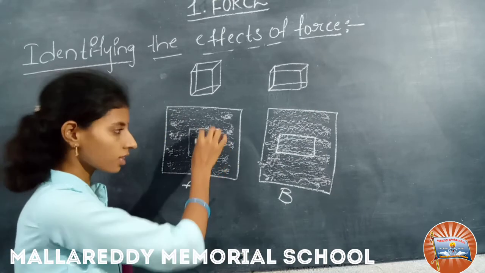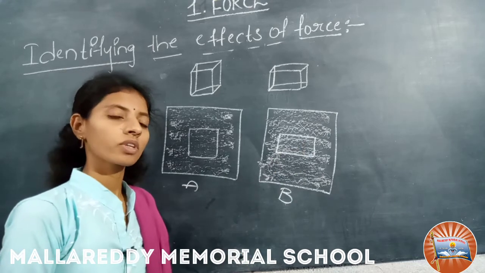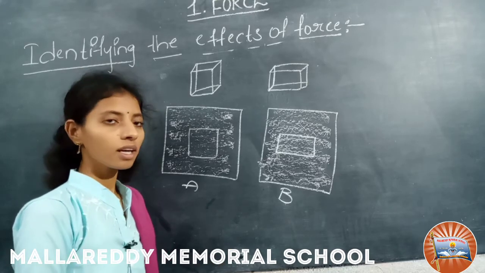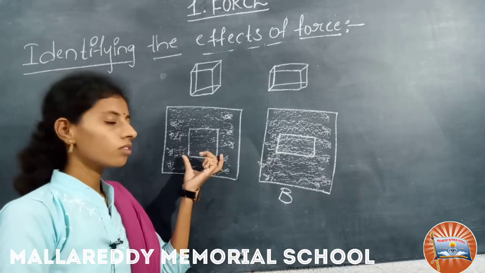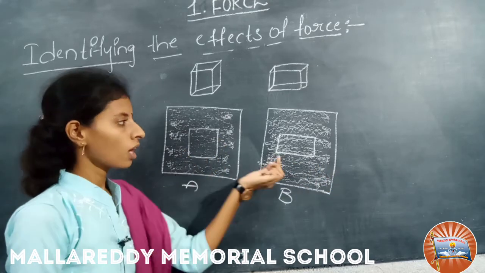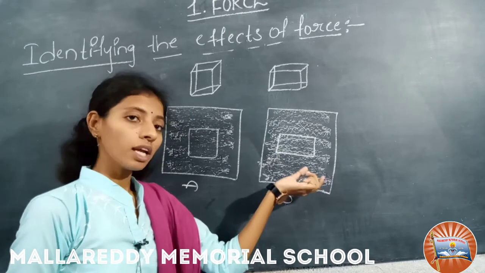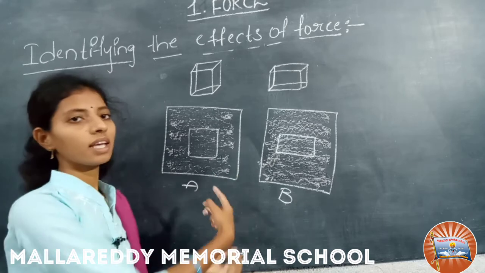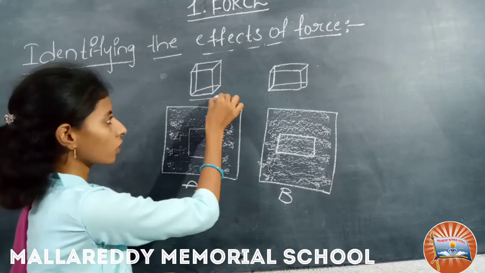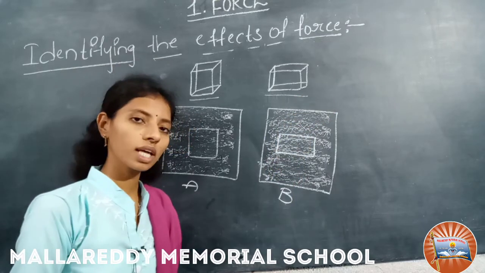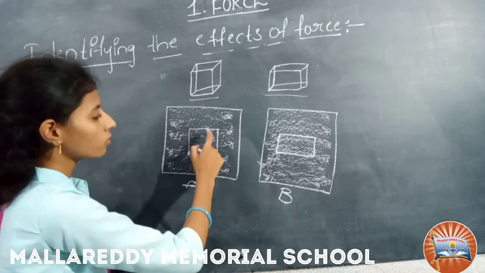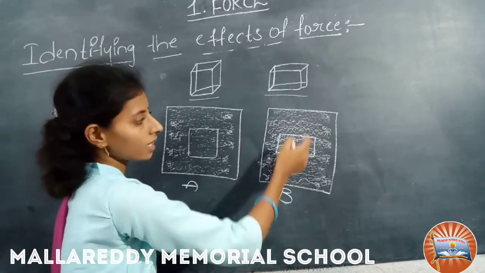Since we have taken two bricks with equal mass and similar shape, and both are kept in sand, but one is vertical and one is horizontal, there is a difference in the surface of contact. So the surface area of contact is different, and the vertical brick sinks deeper than the horizontal one.